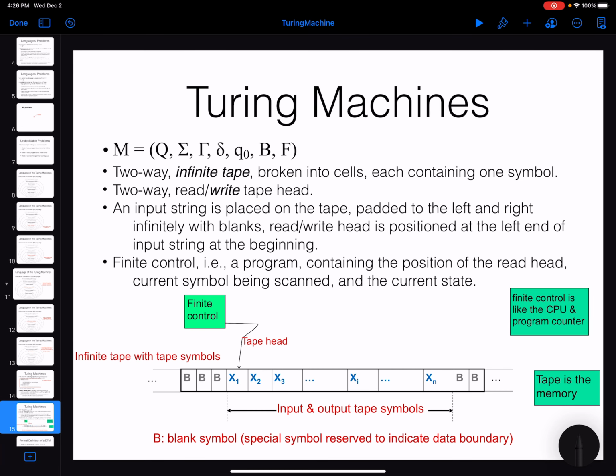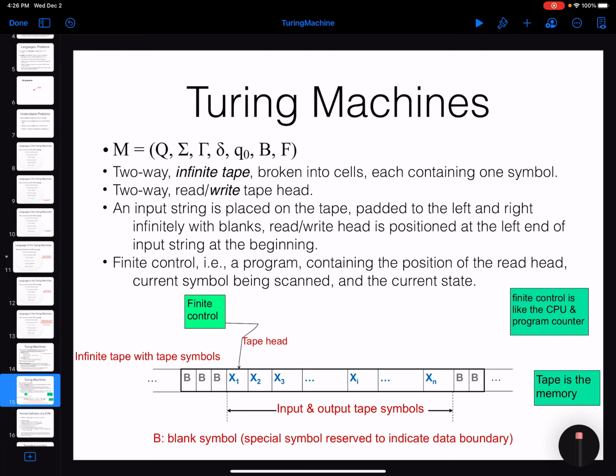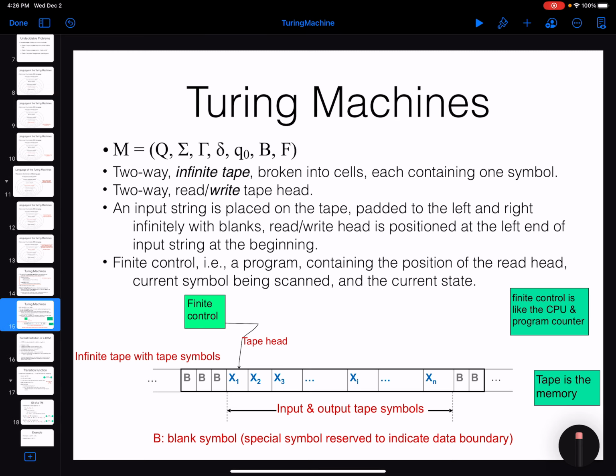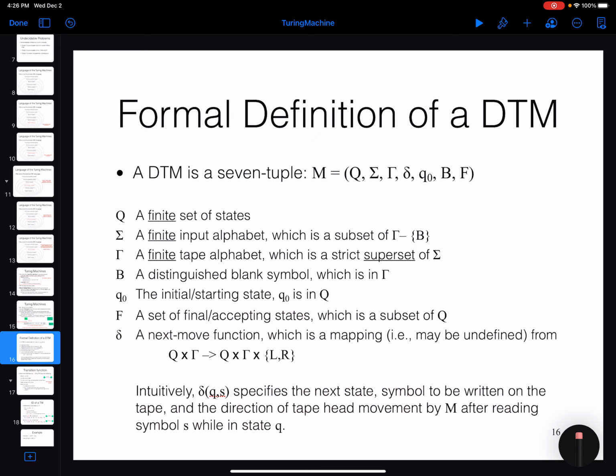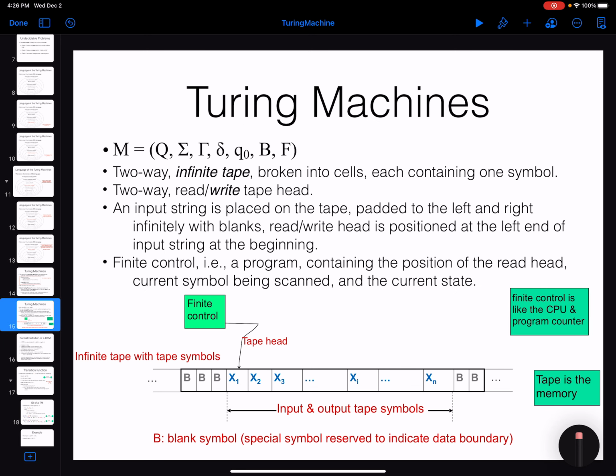So what is a Turing machine? I have been talking about all those theoretical concepts. Let's just see what a Turing machine is. A Turing machine is going to be a finite automaton; I'm going to show you the formal definition in the next slide, but the intuition is this.